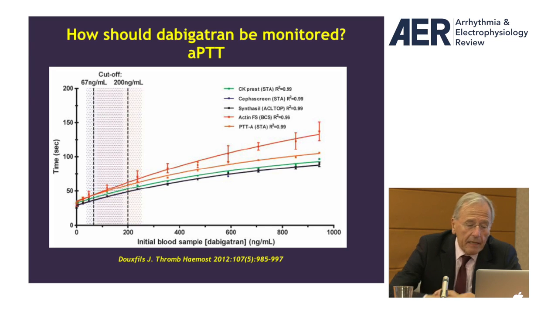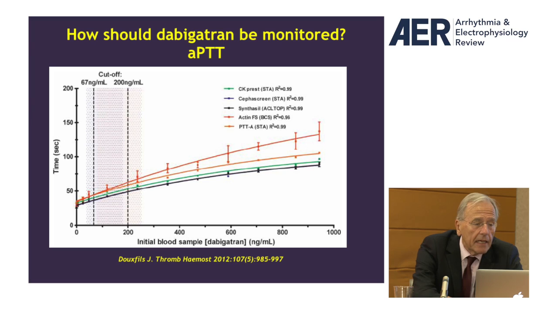And if you look more closely with dabigatran at the trough and peak blood levels, you see that it prolongs APTT, but not to a large extent. And secondly, this is data from 2 hours after the intake of the drug. But the only good thing is that it's quite linear, so APTT is prolonged shortly after the dabigatran intake.